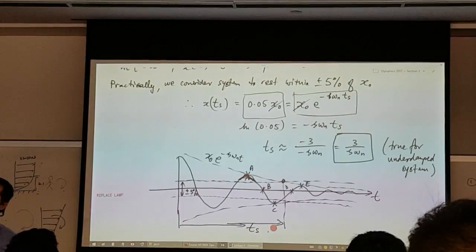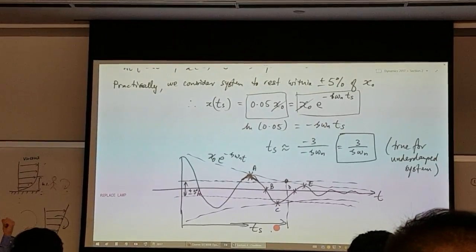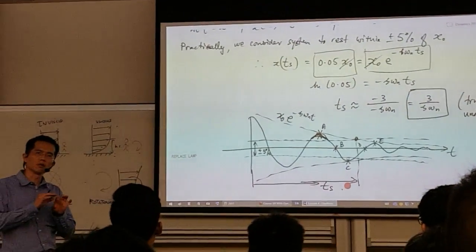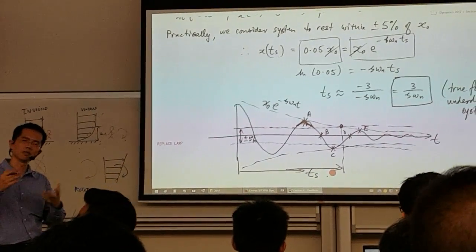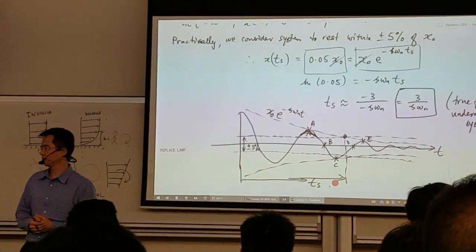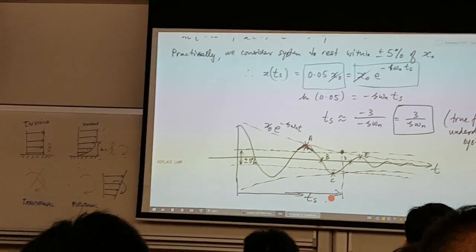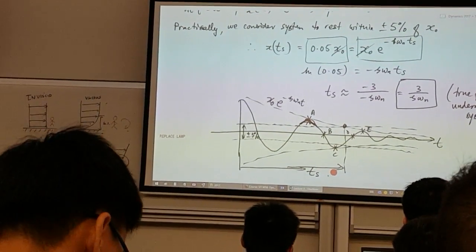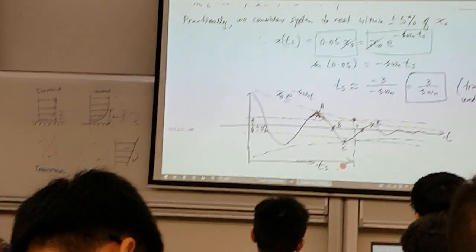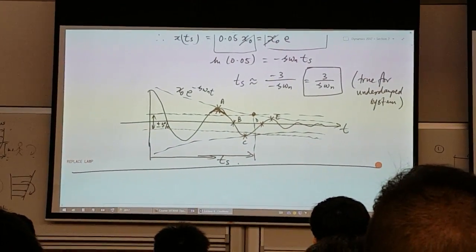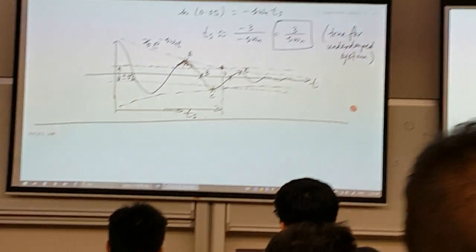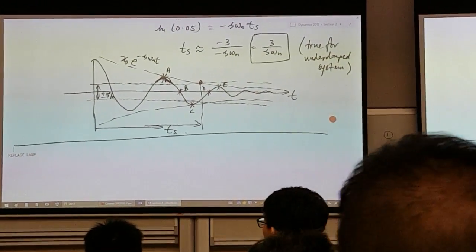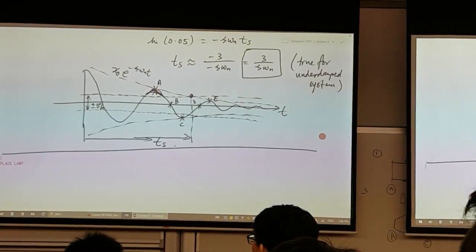So in your lab, we'll be doing this exercise, both calculation and experimental results, and you'll make a comparison. So actually today's class is the last class for the first topic. The first topic is about free vibration.